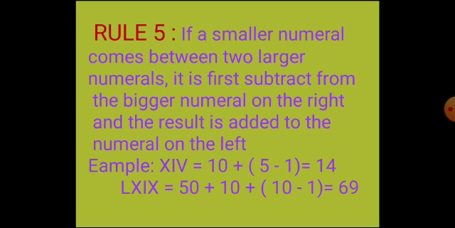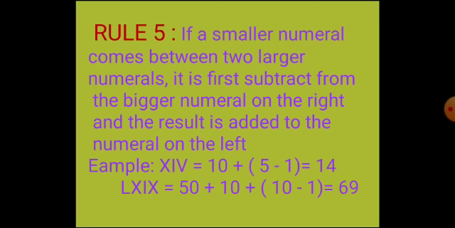XIV. Here the value of X is 10, the value of I is 1, the value of V is 5. Here the smaller value I comes between two bigger values, X and V, that is 10 and 5. So how to simplify this value? First we have to subtract the smaller value from the right side bigger value.